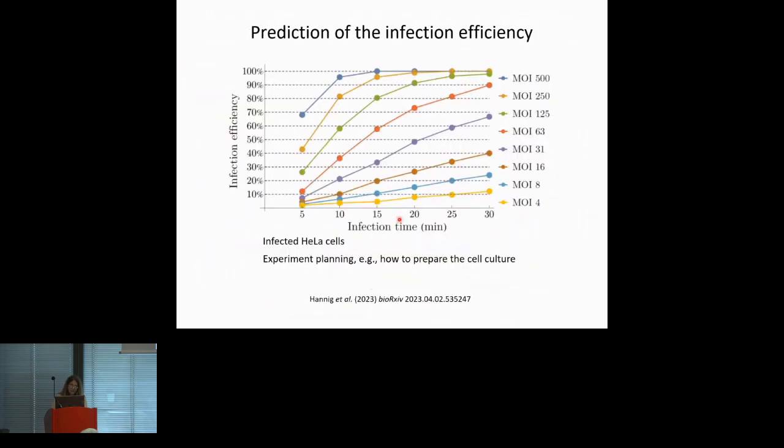And we see here for different MOI values in different infection times, which infection efficiency you will get. And that is important for planning of experiments, and for example, how to really prepare a cell culture.